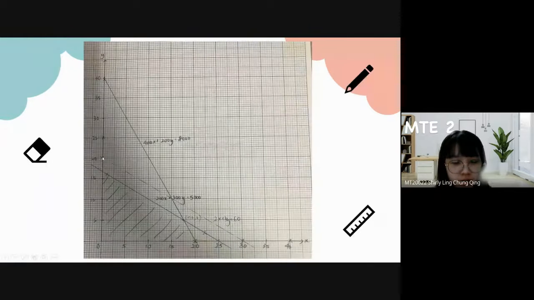Then to determine the maximized Z, we need to see this line. We can move down this line until it touches the maximum point of the feasible region. That is 17.5 and 5. This is the point that determines the maximized Z.